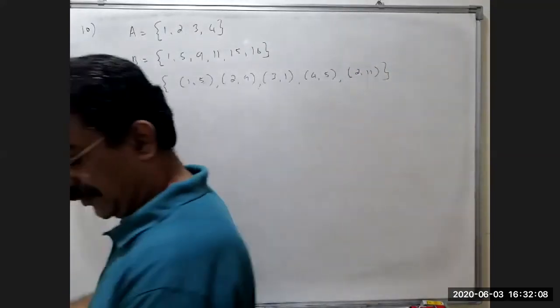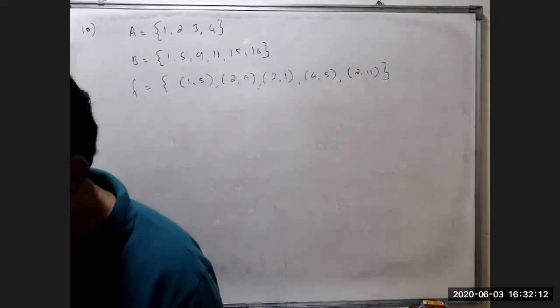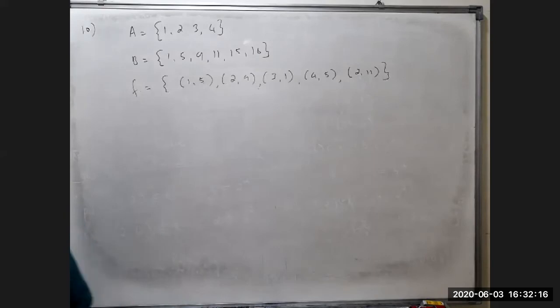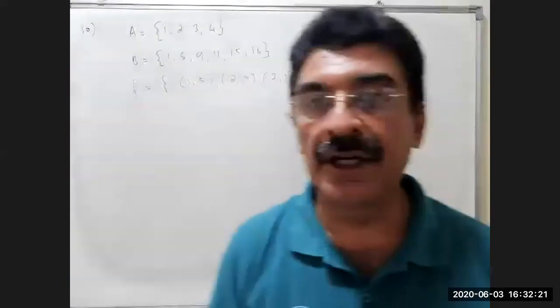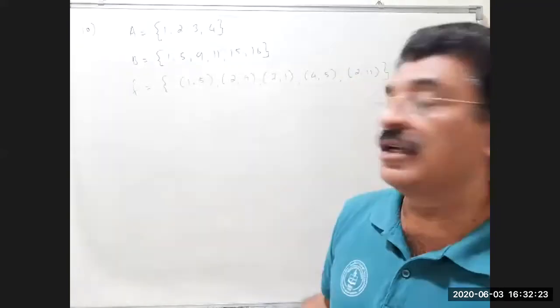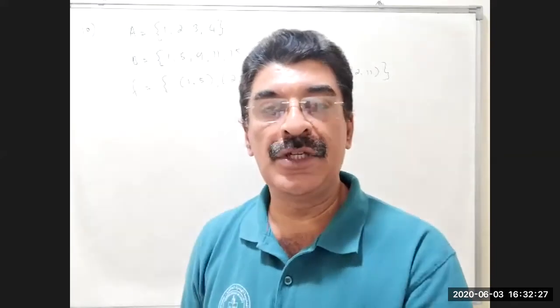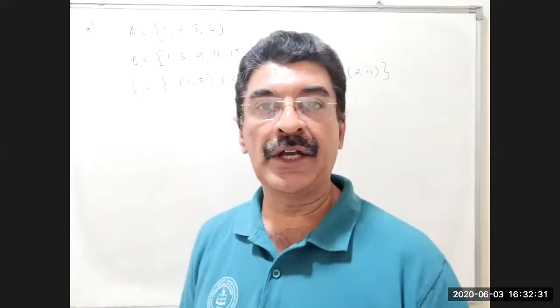The question is, F is a relation from A to B? By definition, a relation from A to B is a set of ordered pairs where the first number has to be taken from A, the second number has to be taken from B. That's a subset of A cross B.